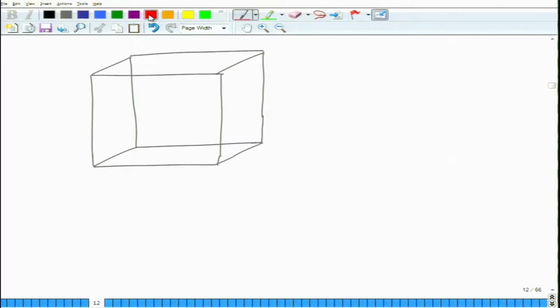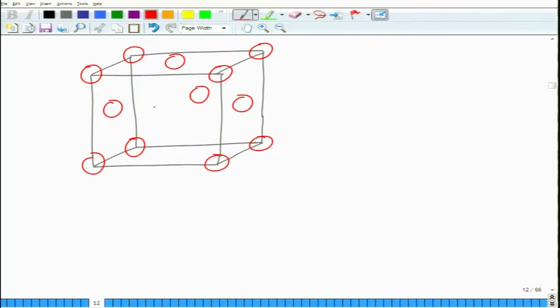So, in NaCl we know that chlorine goes to face centered sites, and sodium goes to interstitial sites, which are these.